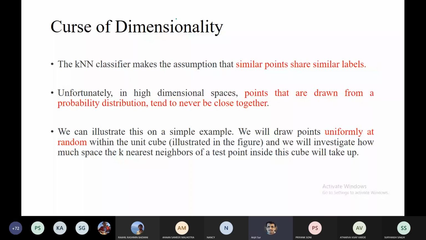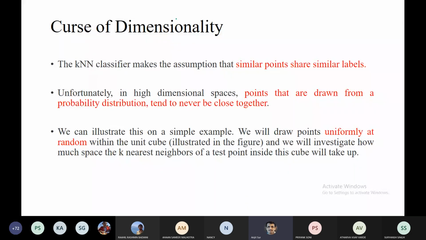That was the assumption. But ultimately, in high dimensional space, points drawn from a probability distribution tend to never be very close.